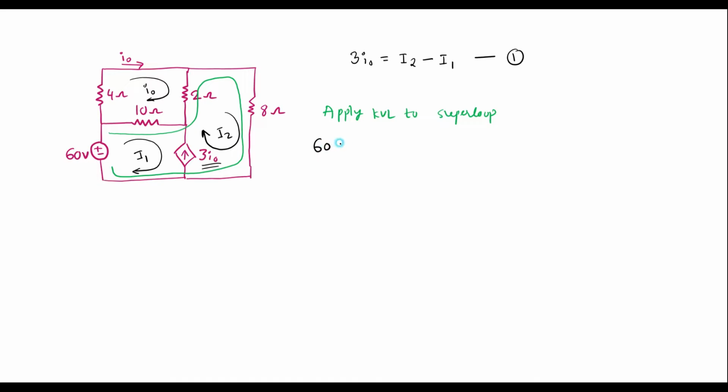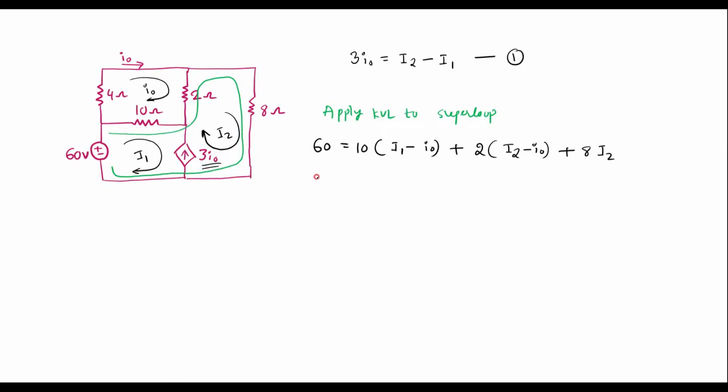That is, 60 is equal to, voltage across this is 10 times I1 minus I0, because in the 10 ohm resistor, I1 and I0 are flowing. Then current will flow through the 2 ohm resistor. That is, voltage across the 2 ohm resistor is 2 times I2 minus I0, plus current will flow through the 8 ohm resistor, that is 8 I2, because I2 current flows in the 2 ohm resistor and the 8 ohm resistor.